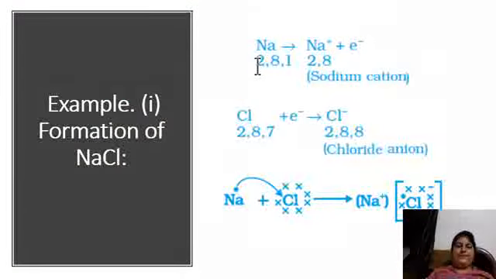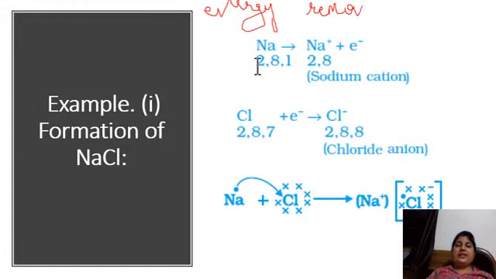See, we were discussing the ionization potential. Ionization potential means the energy which is required to remove an electron. You have to remove an electron from an isolated gaseous atom.